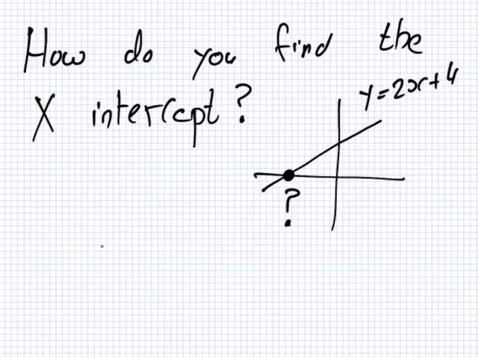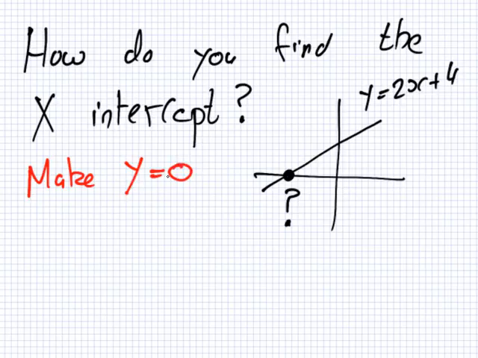So the first thing you do is make y equals 0. And 2x plus 4 equals 0. And then you make x the subject. Alright.